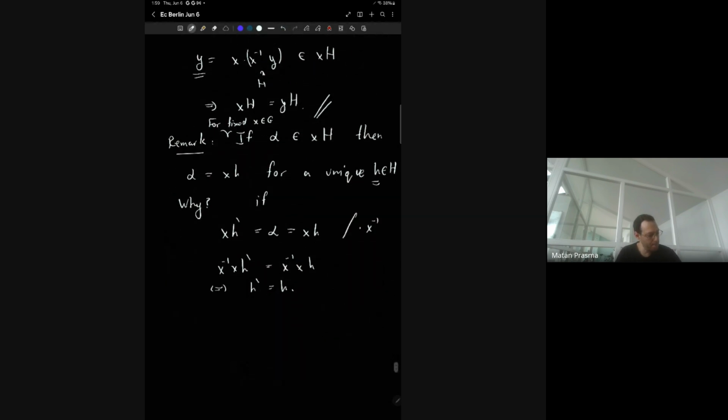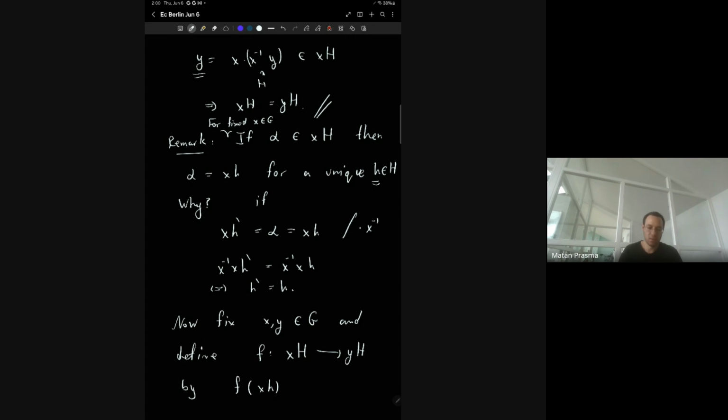Now, fix x and y, and define a function f from the coset of H with respect to x to the coset of H with respect to y. How do I do it? Well, f, I plug in some xh and I map it into yh.